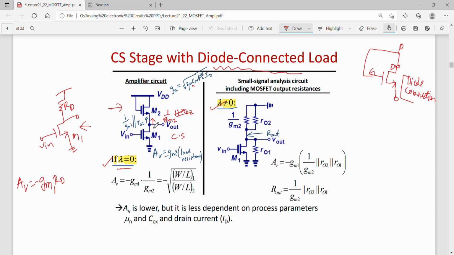So that is 1 by gm2 looking into the source of M2. So RD is 1 by gm2. That means the gain of this circuit would be minus gm1 times 1 by gm2.